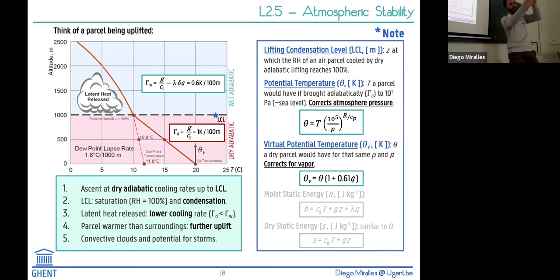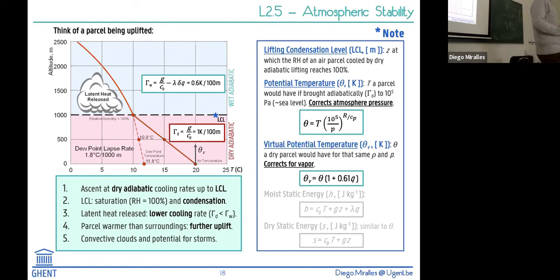So if you bring it down, what would be the temperature? So if you take this air here, you bring it down, perfectly dry adiabatically, you get to the surface level and it has 20 degrees. Okay, so that 20 degrees is the potential temperature of that air. So the actual temperature that it has is 10 degrees, but the potential temperature is 20 degrees.